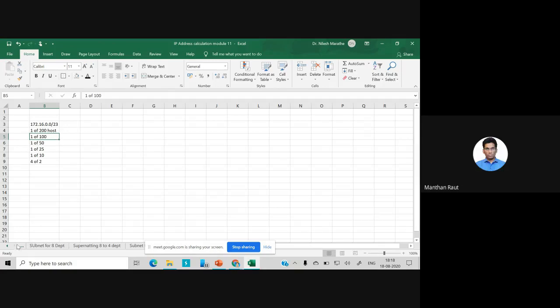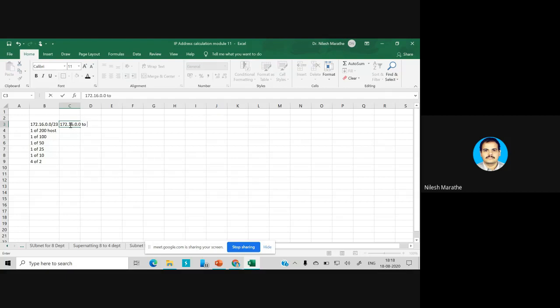Can you tell me the available number of hosts for that company? /23, what do you mean by 23? It starts from 172.16.0.0.